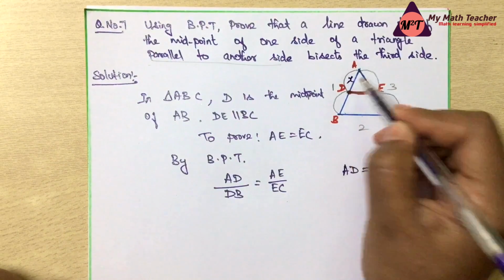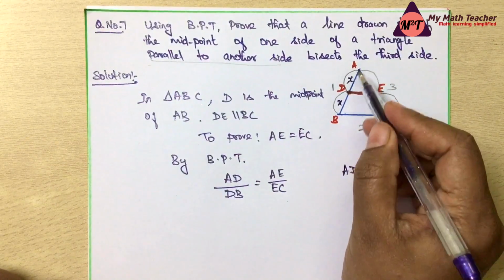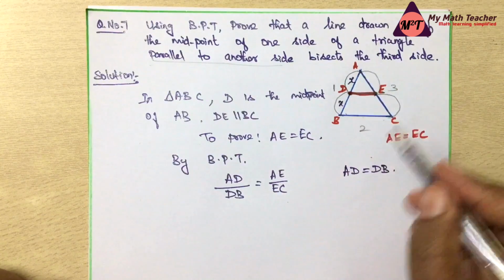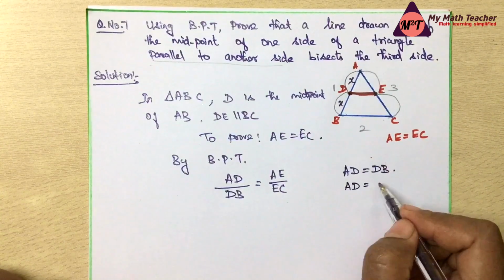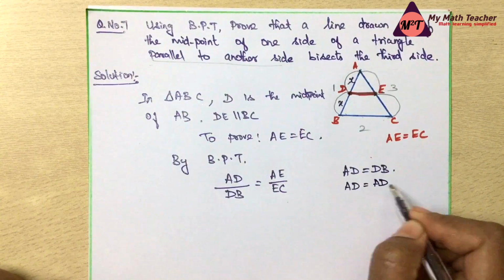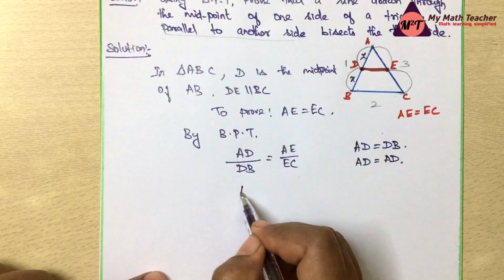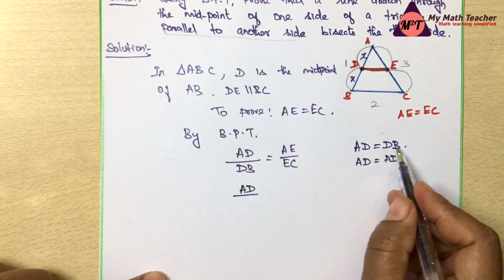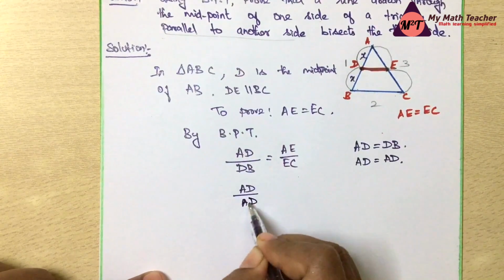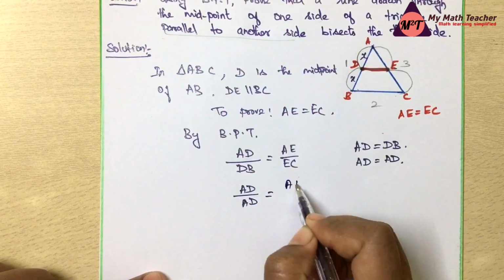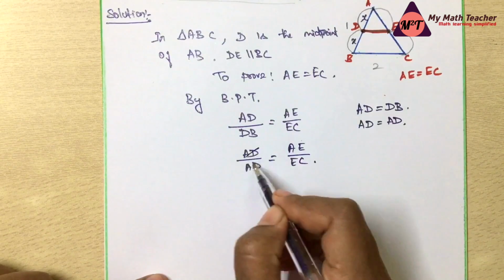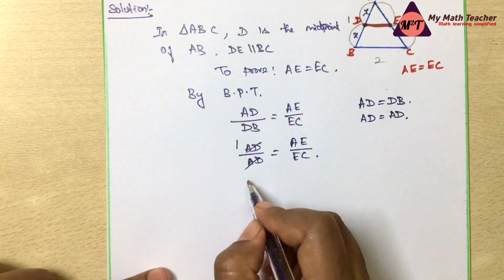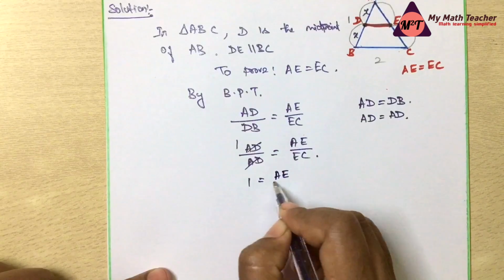If this is X, this is also X. Both are the same value. Now here, instead of DB we can write AD because both are of same value, which is equal to AE by EC. Now the left hand side when you divide will be 1. So 1 is equal to AE by EC.